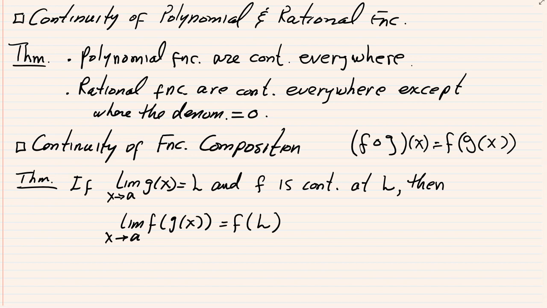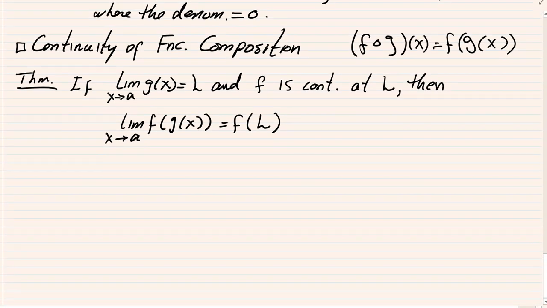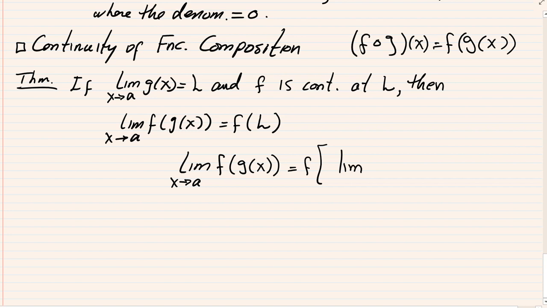Okay. Now, we can actually write the limit as x approaches a of f of g of x, the composition, as f of the limit of the inside function. Remember, a lot of times, or sometimes, we think about function compositions as inside-outside functions, right?